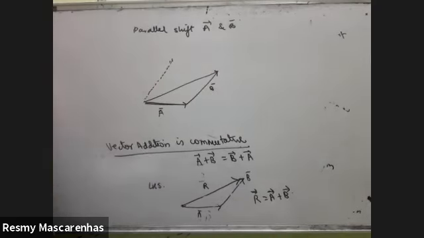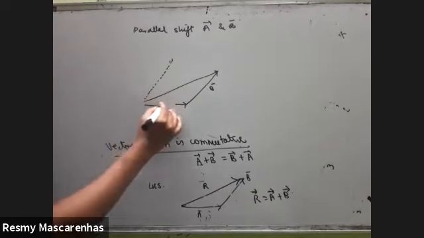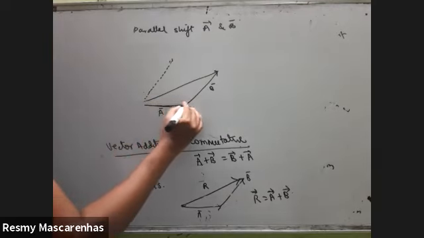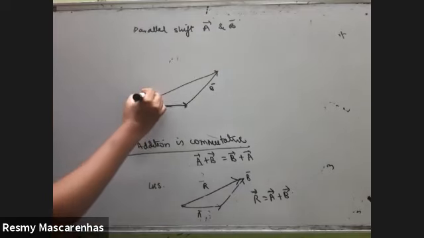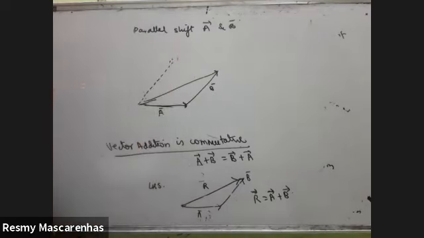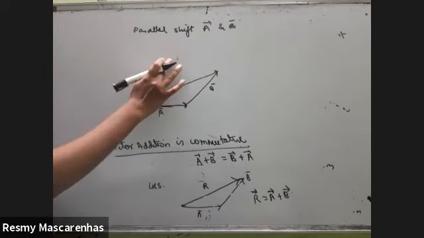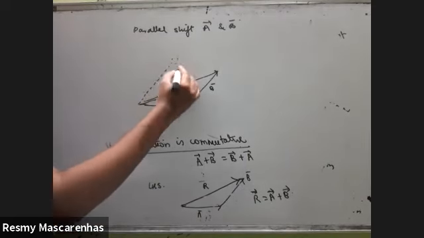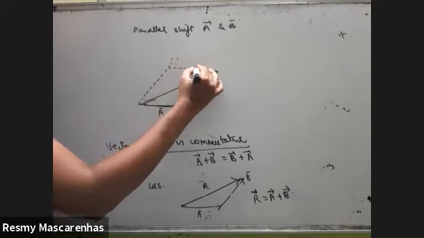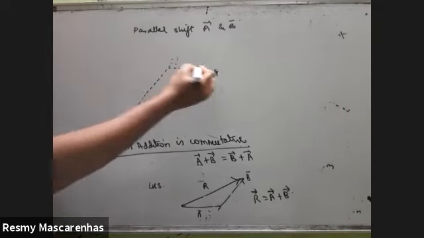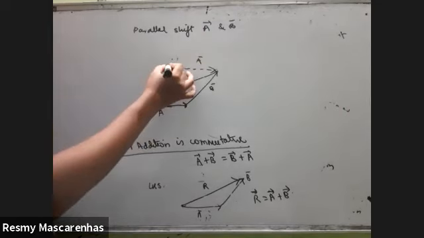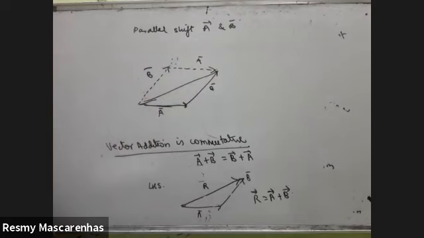I've parallel shifted this fellow at the side, the straight line. I'm shifting B bar this side, and the same way I'm shifting A bar up. So we'll get a parallelogram. Exactly parallel shifting I have to do. So this becomes my A bar and this becomes my B bar.